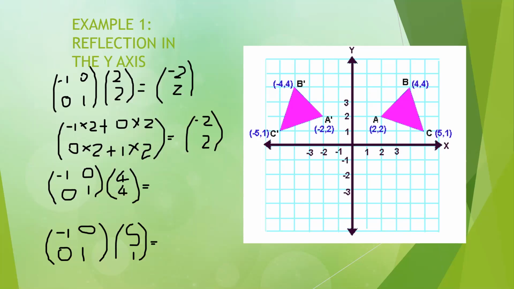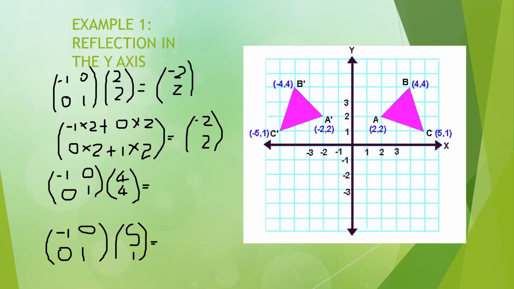So she showed you the shortcut. She showed you that if it's in the y-axis, then the y's will remain the same and the sign of the x's will change. That's a shortcut method. But today I'm showing you how you would work it out using matrices. That's an objective on your CXC syllabus that you should know.